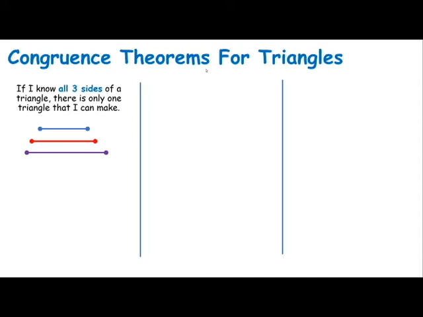So let's try this. I've got three sides of a triangle, a blue, a red, and a purple side. If I were to take my blue side and my red side and my purple side and put them together, this is the only triangle they can possibly make. Now, I could have put the red up here across the top and put the purple down here, or I could put the blue across the top and the purple.